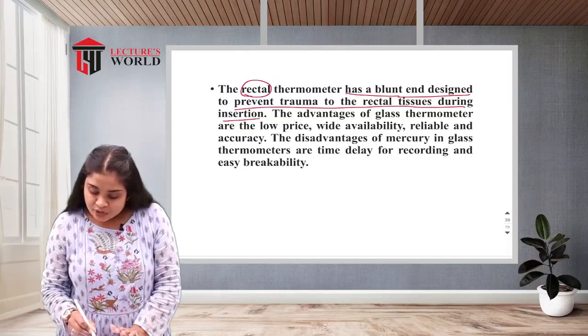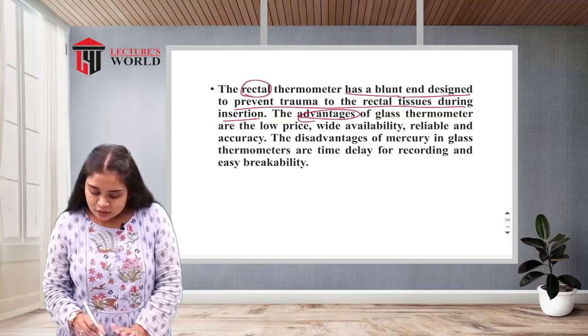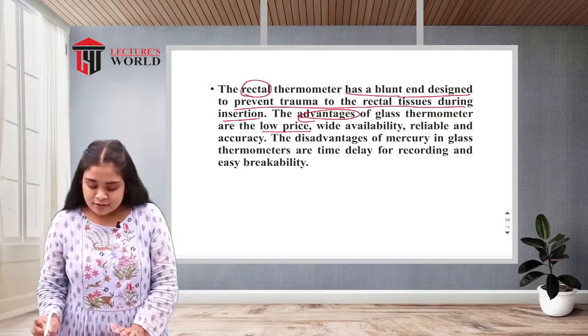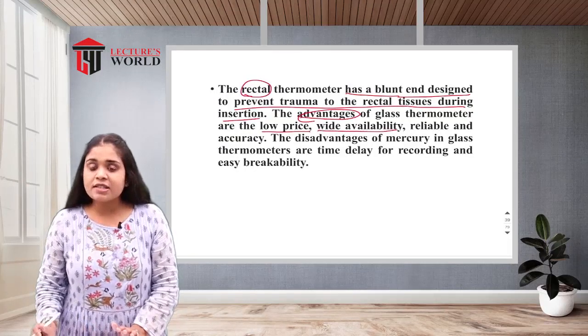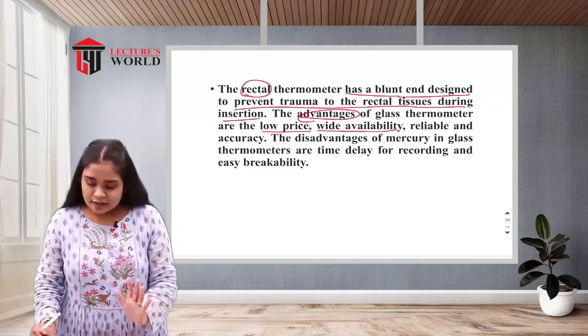So what are the advantages of the glass thermometer? It is available at the lowest price. Then, wide availability: it is available at any store, like a medical store, where you can get it.